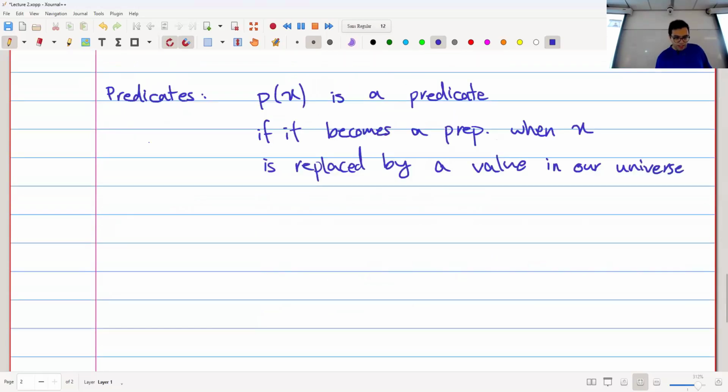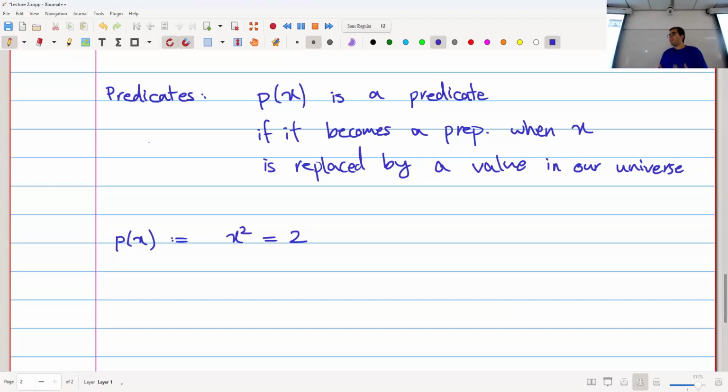Let's say I say P of X is this statement. It's the statement that X squared is equal to 2. Okay. So you cannot really say that this is a proposition because you cannot assign truth to this. Is this sentence true or false? X squared is equal to 2.